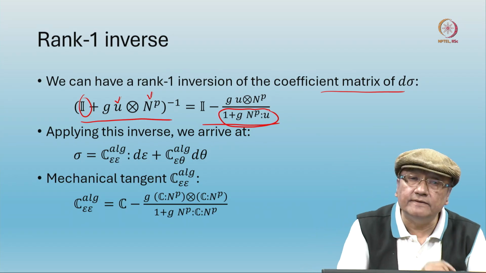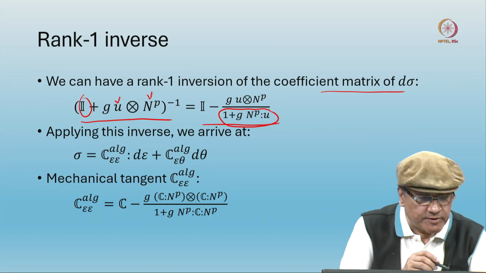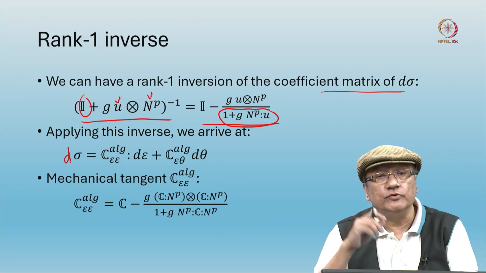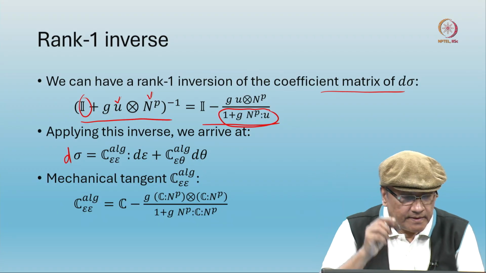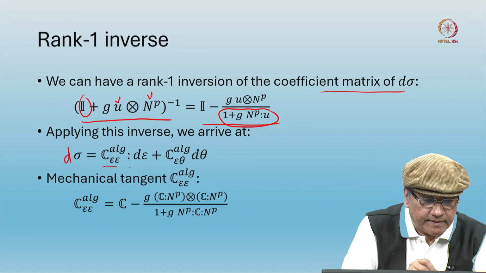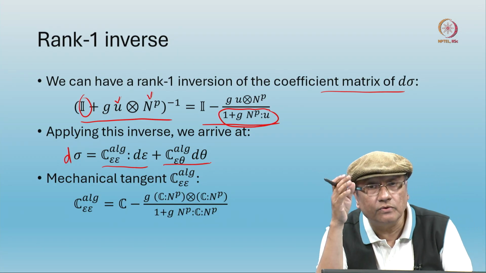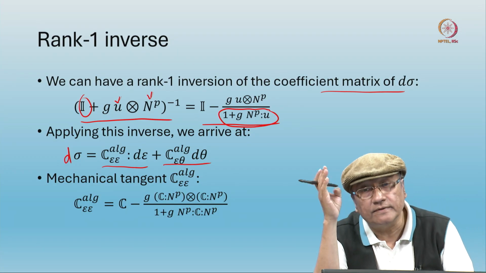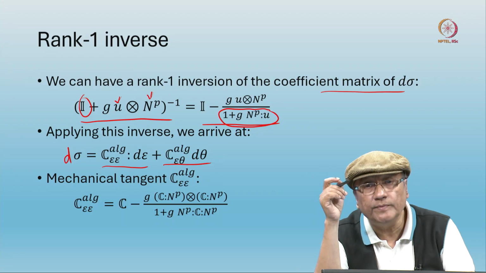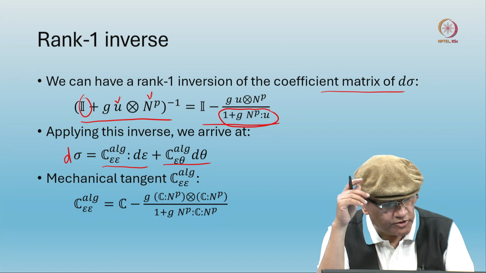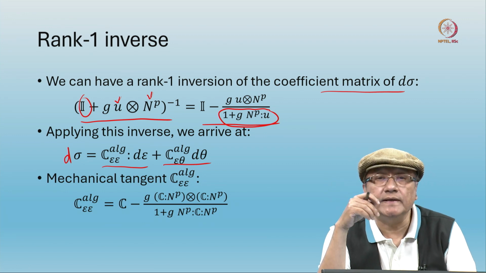So, applying this inverse we can get the expression for d sigma. I am sorry, there is a d missing here, let us put it here. D sigma is basically this part plus this part. Okay. So, this is based on the rank 1 inversion, assuming that the change in sigma is strictly along NP.